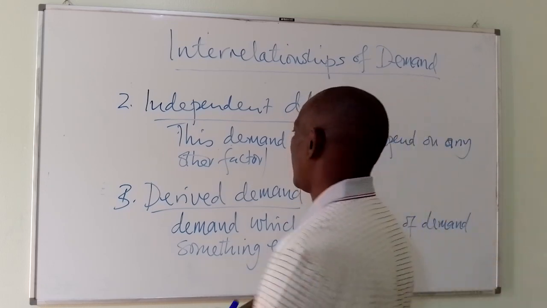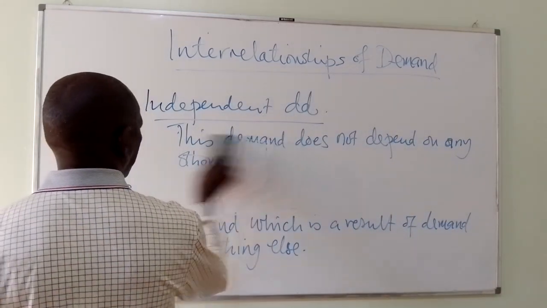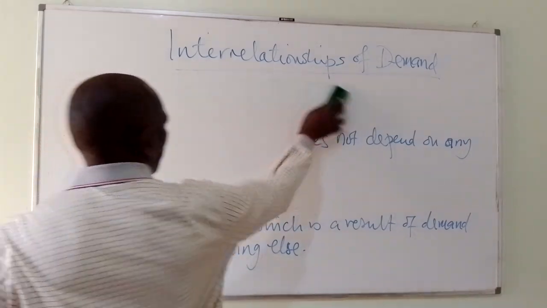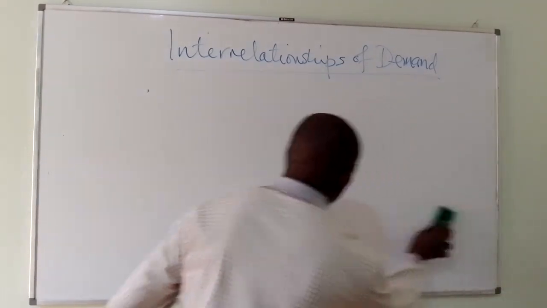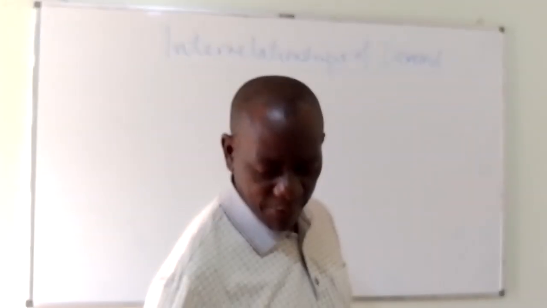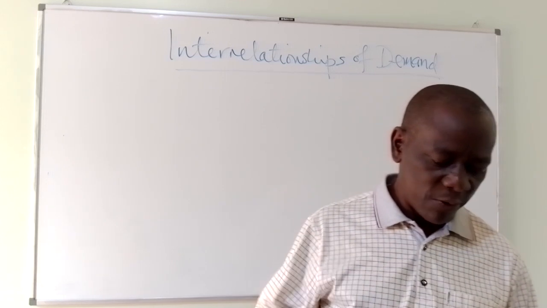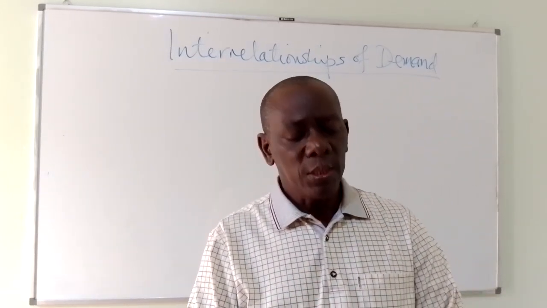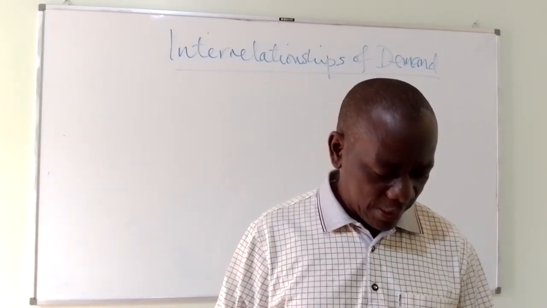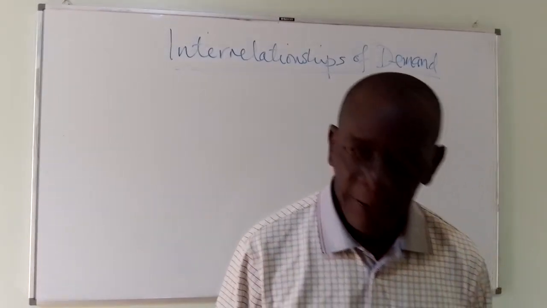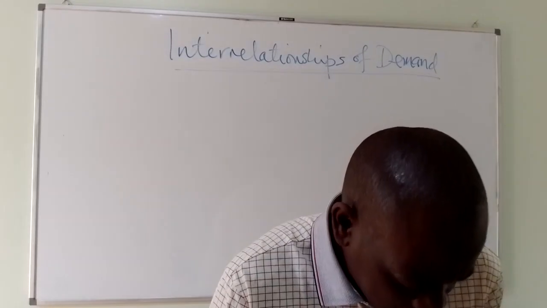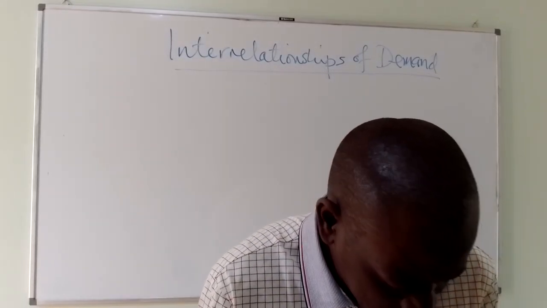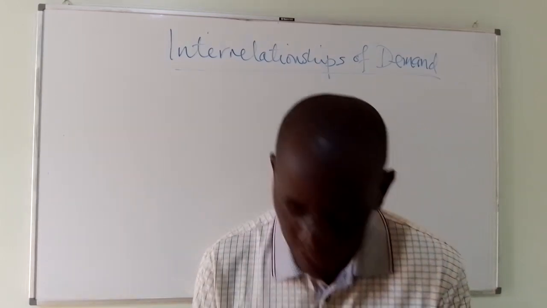That is another kind of demand. Besides, these are terminologies, concepts that you need to know about demand. You will find these also in supply, but here we are looking at demand. Then we have what we call complementary or joint demand.